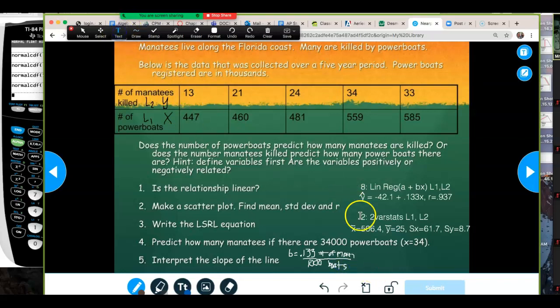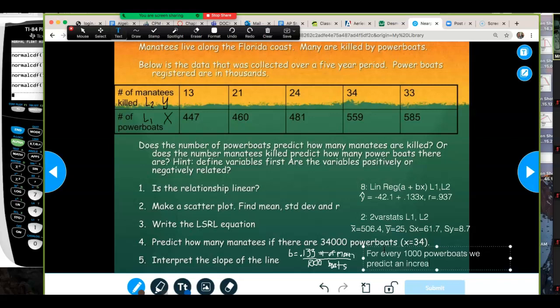Alright, so what does that mean? Rise over run. We're going to say for every 1,000 powerboats registered, we predict an increase. Okay, this is not a decrease. If b is negative, it's a decrease.